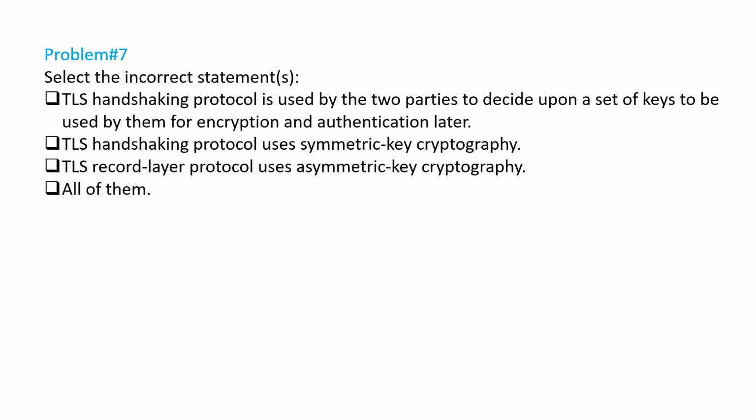We denote them as, say, KS, KS dash, and KC, KC dash. S and C stand for server and client. Now all these 4 keys are generated on both sides individually, independent of each other, but both have the same values because the pre-master key value is the same on both sides. Now, why 4 keys?